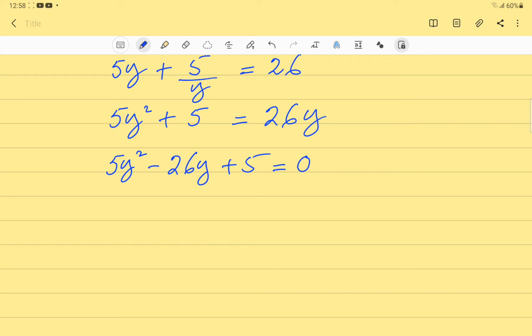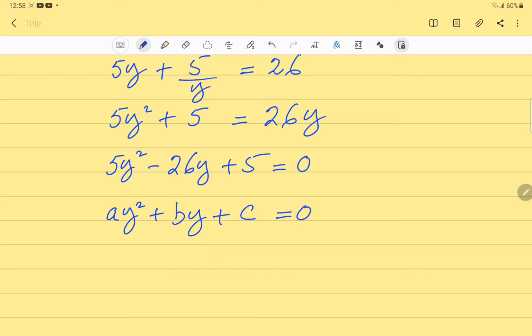Now, as it is very obvious, it's a quadratic equation and we can solve this equation with the help of the quadratic formula. So let's compare this equation with the general form of the quadratic equation, which looks like a y squared plus b y plus c is equal to 0.